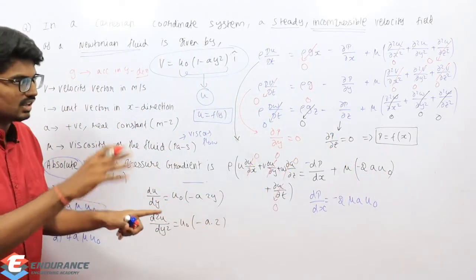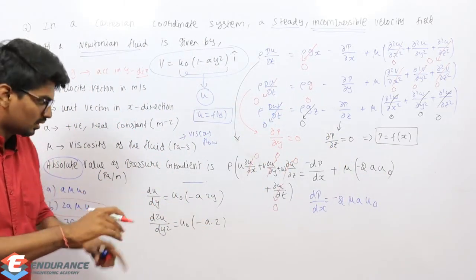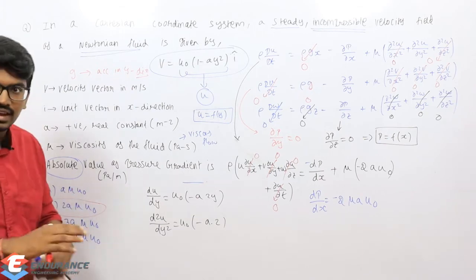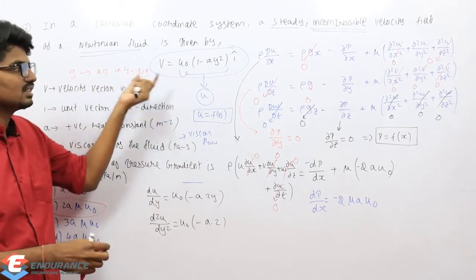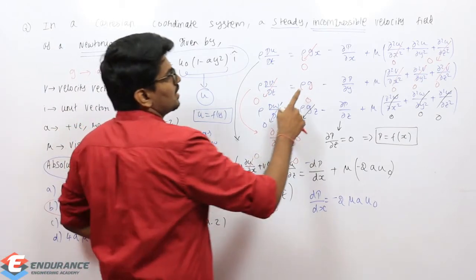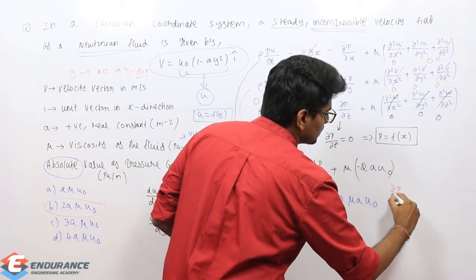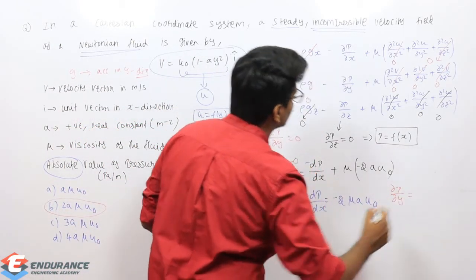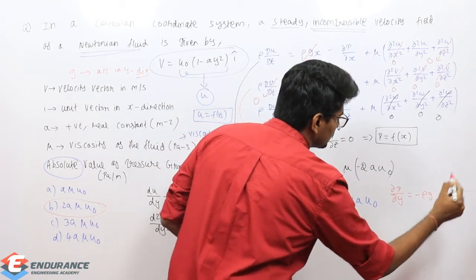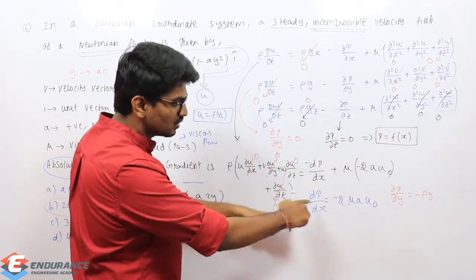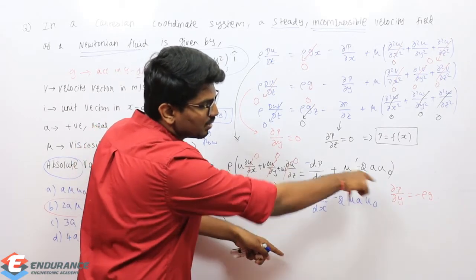This question, asked in GATE 2021, is solved, so we got 2a mu into u naught. If I extend it, suppose they are mentioning g is acceleration in y direction, then dou p by dou y will be equal to minus rho g. So dou p by dou x will be this, dou p by dou y will be that.